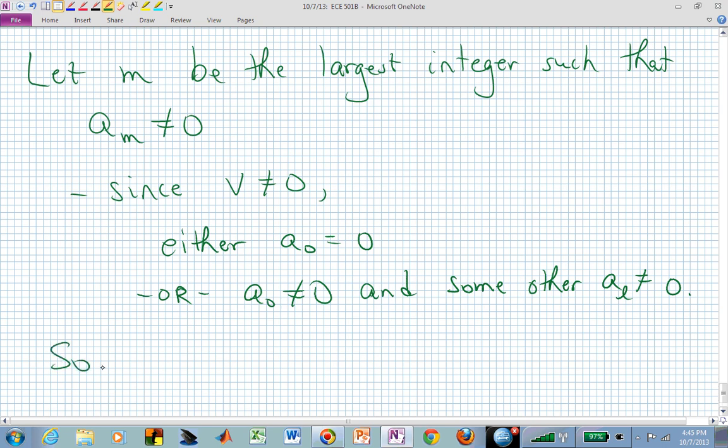Which really just says that this m is bigger than 0, is what we're trying to say. So either a sub 0 is 0, or if it's not, then the little m is 1, 2, etc. but it's potentially less than n, Nebraska.